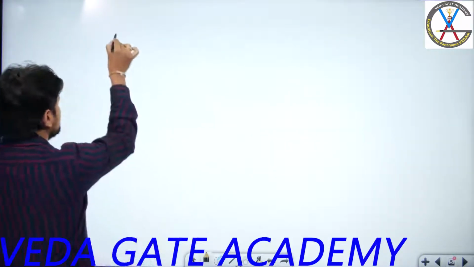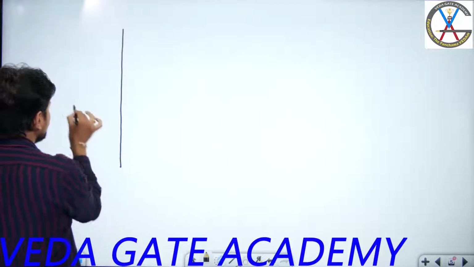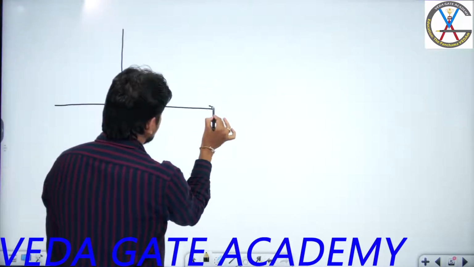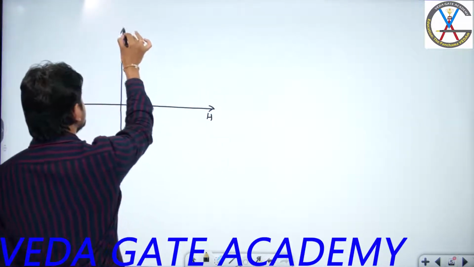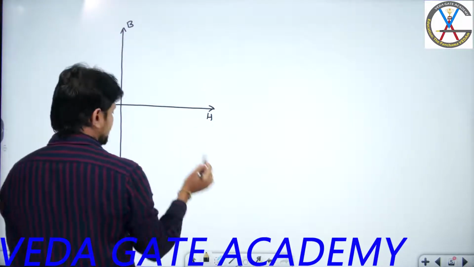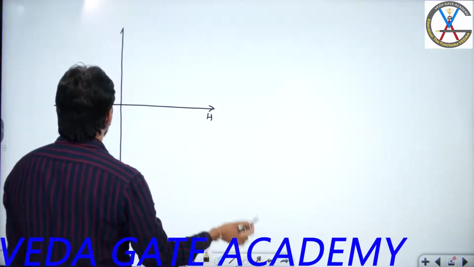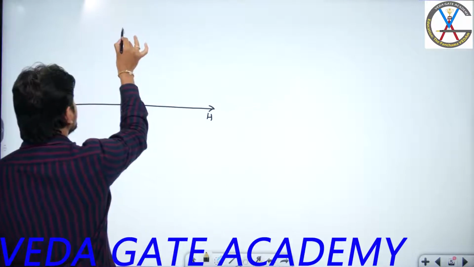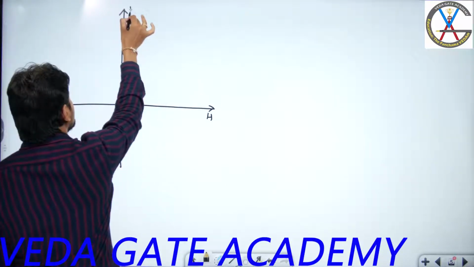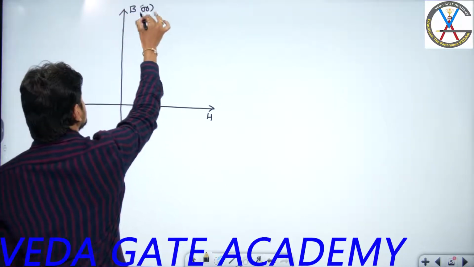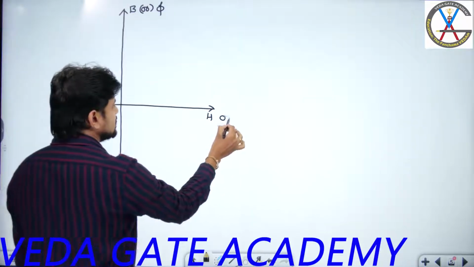Let me try to draw it directly. This is H, this is B. Let me extend this till this point. B_R flux, and this is H_R, I, mu.